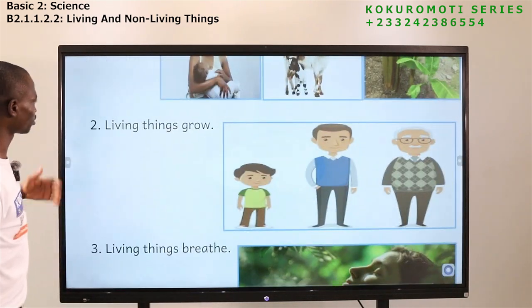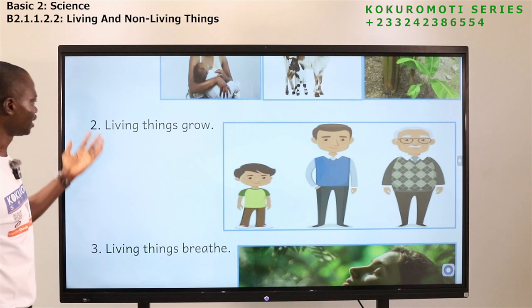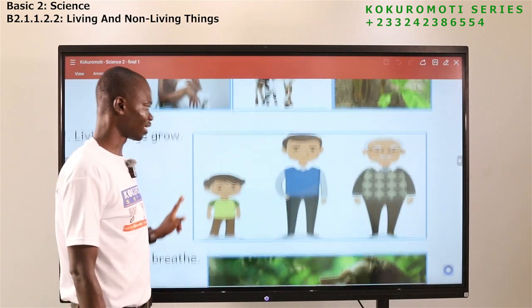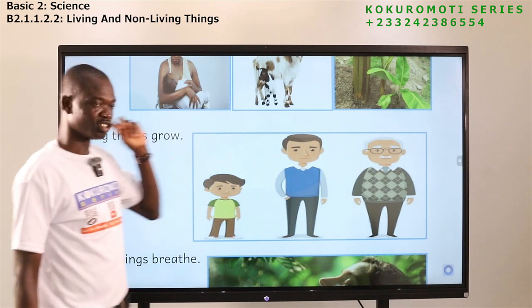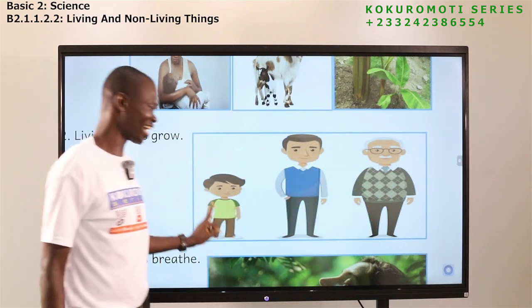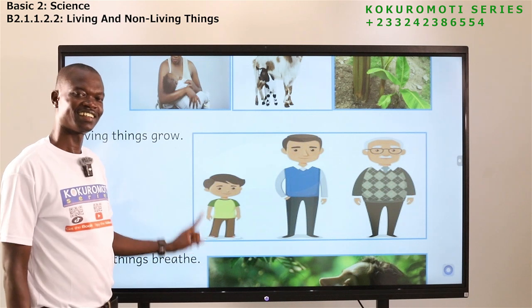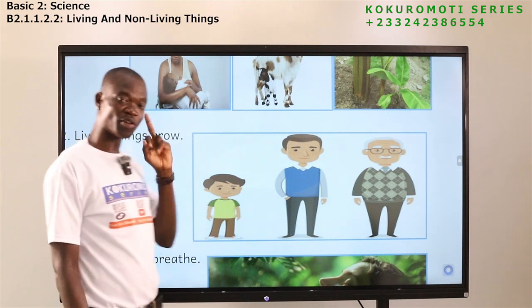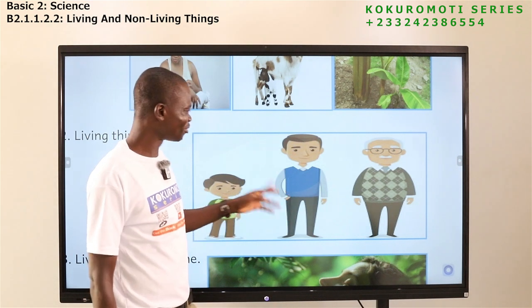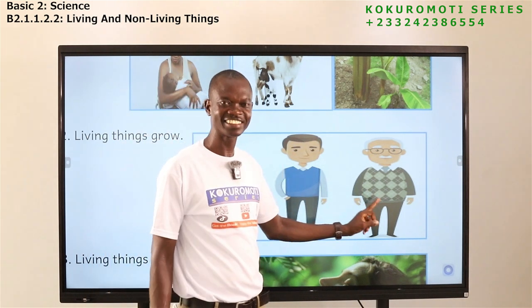The next characteristic of living things is that living things grow. So look at this. Your grandfather is here. Your father is here, and you are here. Listen to me. A day will come, you will not be like this again, you will be like this.